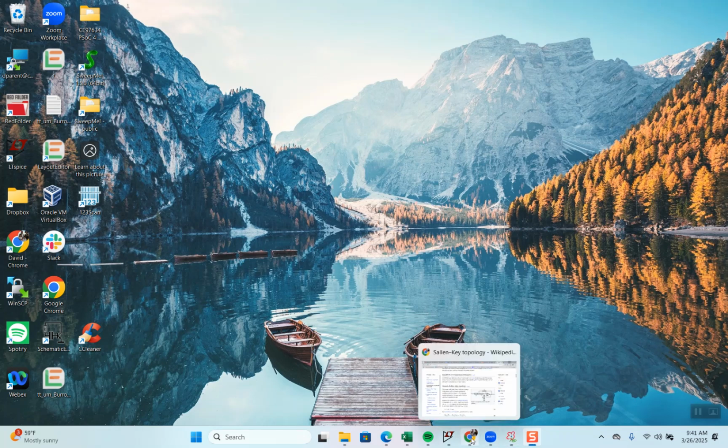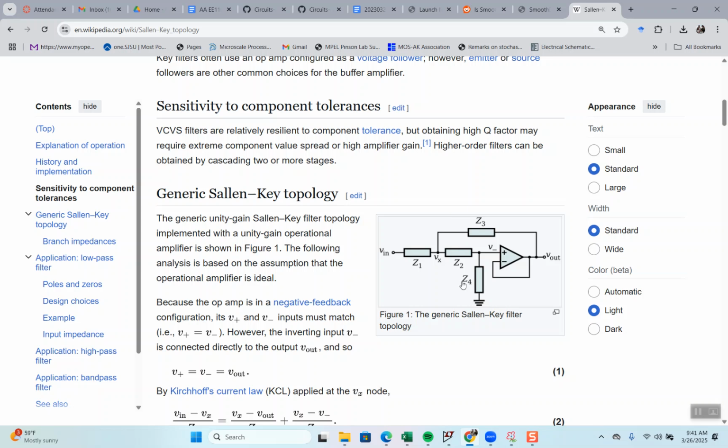So if we come back to here, notice these two still look the same, but Z3, which would have been to ground, is now going to V out. And it's actually positive feedback. Normally, everything we've been doing is negative feedback. All right.